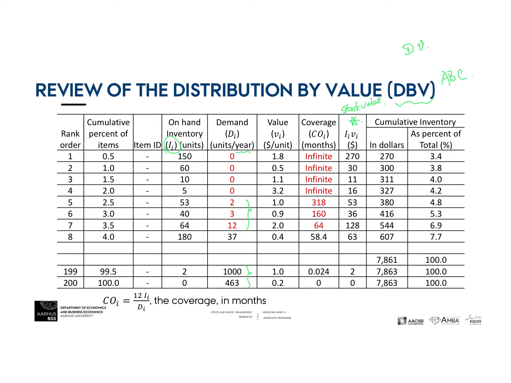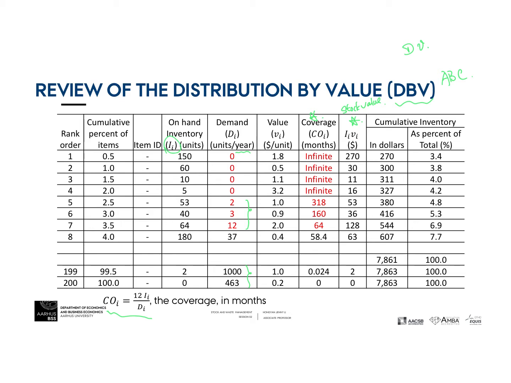And then we also calculate a value called the coverage. What is coverage? At the bottom of this table, you can see we have a formula to calculate the coverage. This coverage, CO, means the months of inventory you hold.